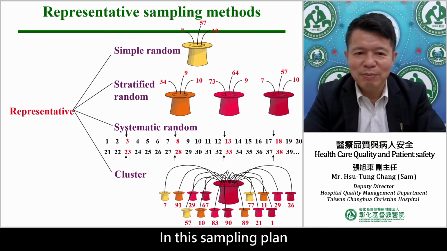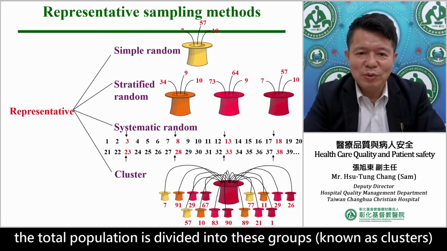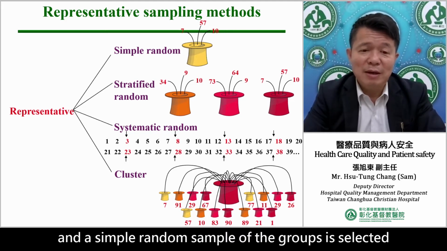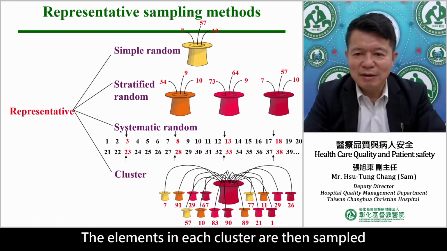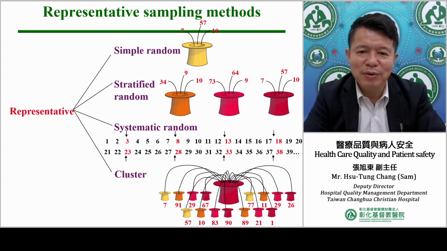In this sampling plan, the total population is divided into these groups known as clusters, and a simple random sample of the groups is selected. The elements in each cluster are then sampled.